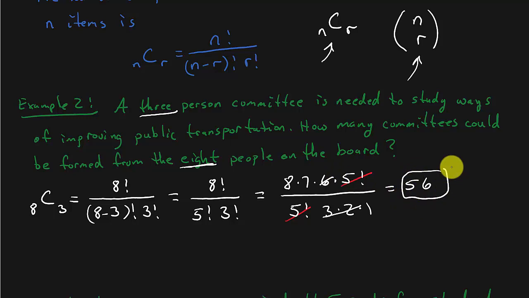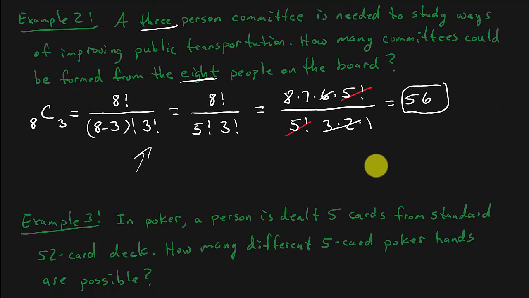Now, the reason that I'm not going into a lot of detail about calculating this by hand is because calculators will do this. You'll need to look for the button. It looks like this on your calculator.